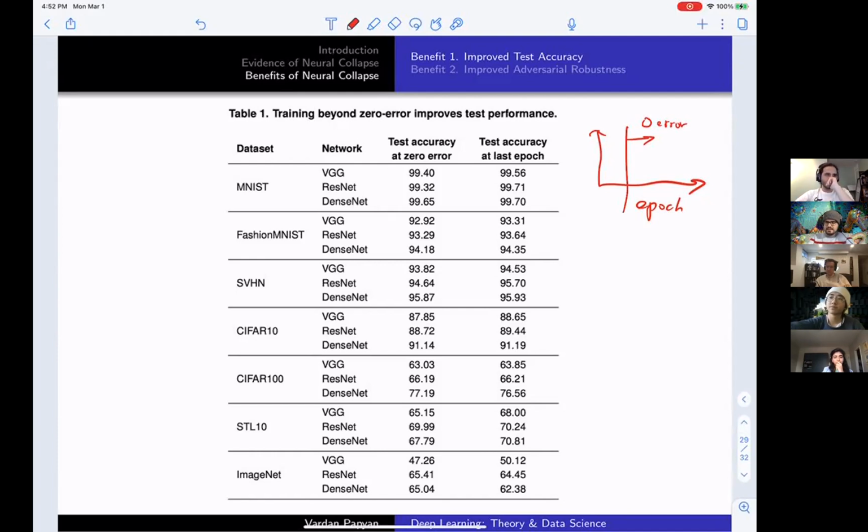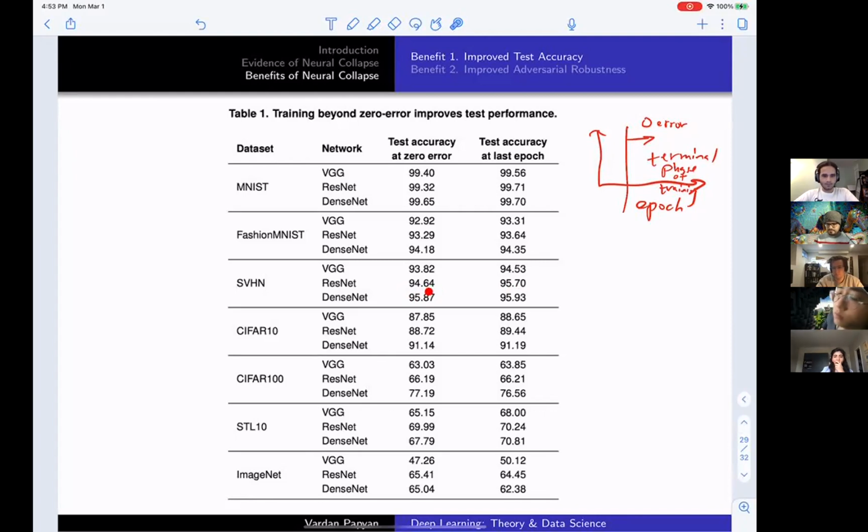Okay. And this continuation of training past 0 error towards 0 loss, we call the terminal phase of training. All the training that is done after you've hit 0 error. And what you can see here is that in most cases you actually get improvement to your accuracy. So for example, here, if you're at 0 error, your accuracy is 94.64.